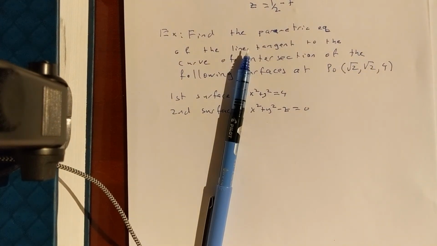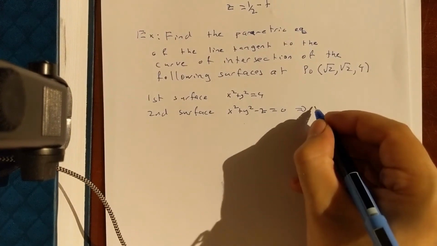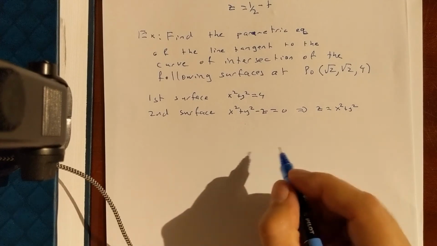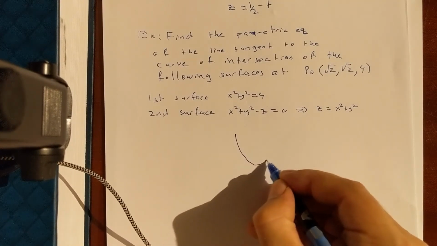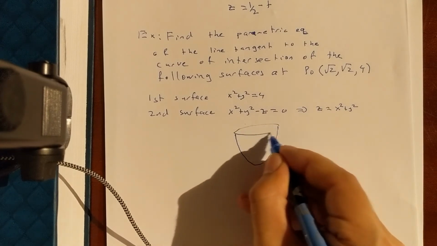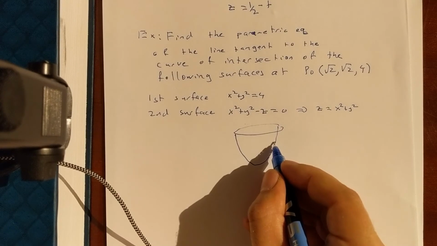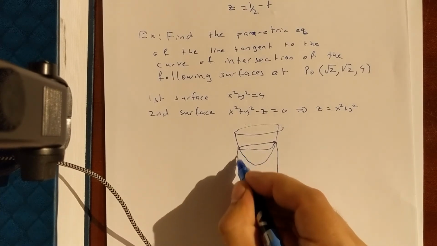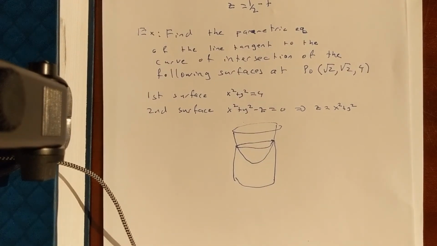It's a paraboloid opening upwards, because, remember we saw this before, this is the same thing as x squared plus y squared. So what we have is a paraboloid like this, and it's being intersected with a cylinder like this. Sorry for the horrible drawing, my bad.